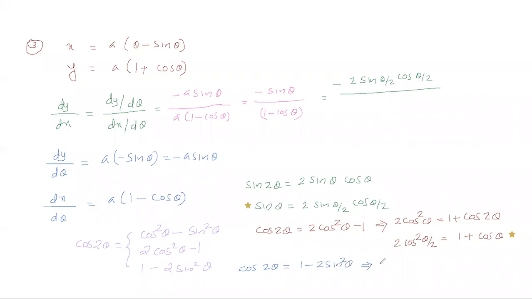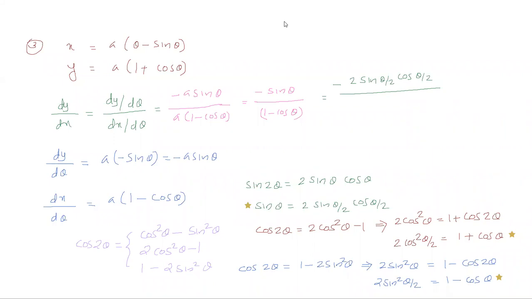From that you get 2 sin square theta is equal to 1 minus cos 2 theta. So if you make the angle half, 1 minus cos theta is equal to 2 sin square theta by 2. So these three are very important substitutions in many problems: sin theta, 1 plus cos theta, 1 minus cos theta.